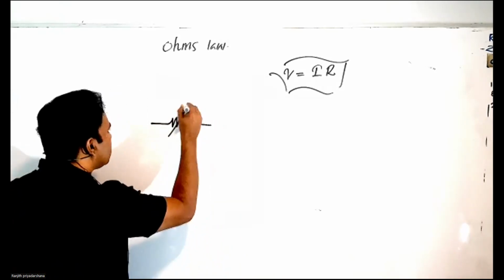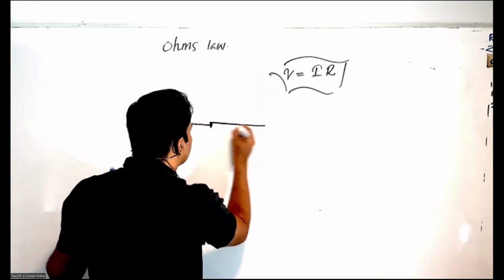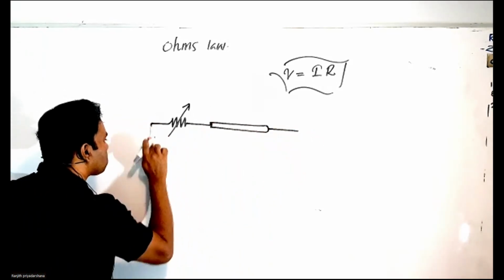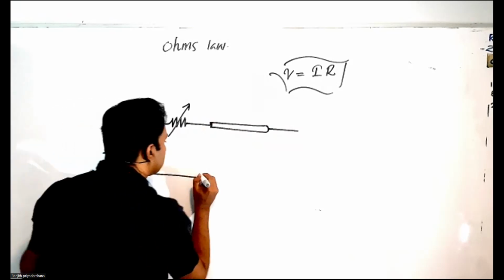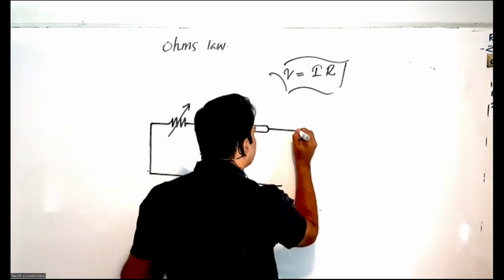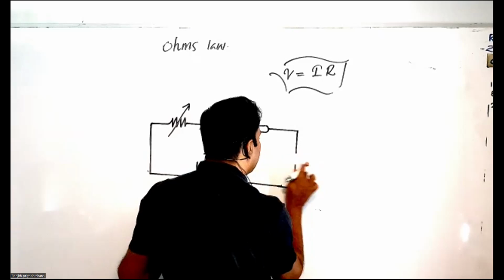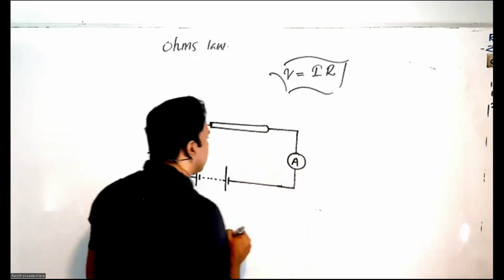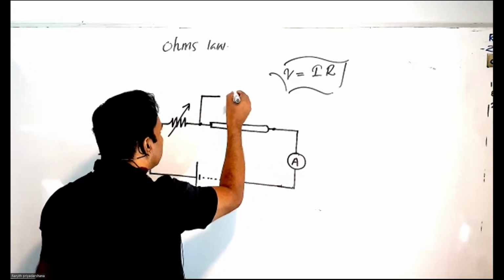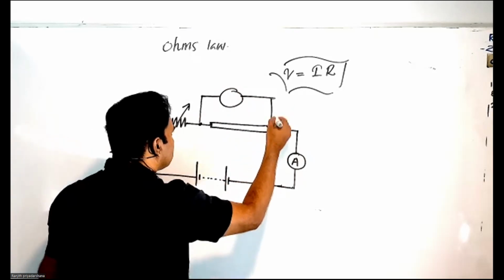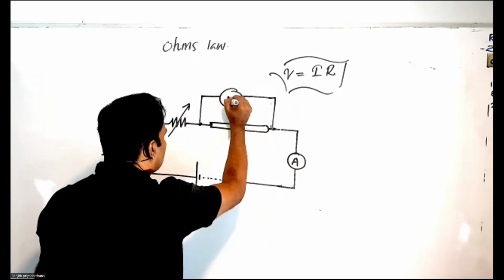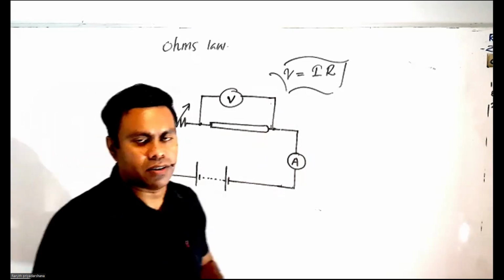A variable resistor, then the conductor subjected to the experiment, and this power supply of a number of cells, because we have to take electricity for a longer period of time, and to measure the electric current we install an ammeter, and to measure the electric potential difference that exists on this conductor, a parallelly connected voltmeter is installed.